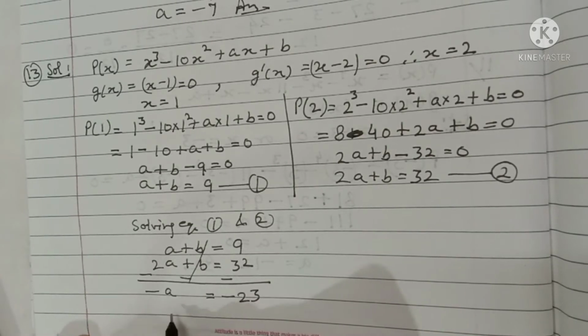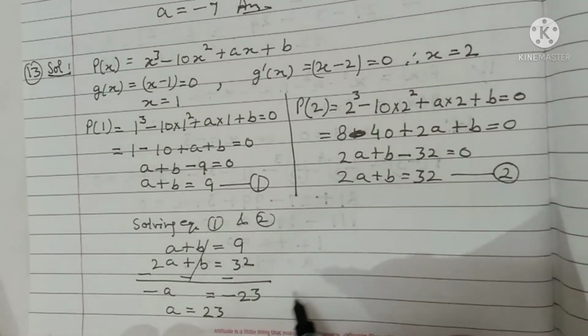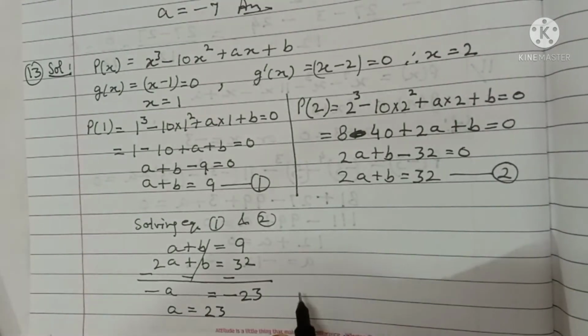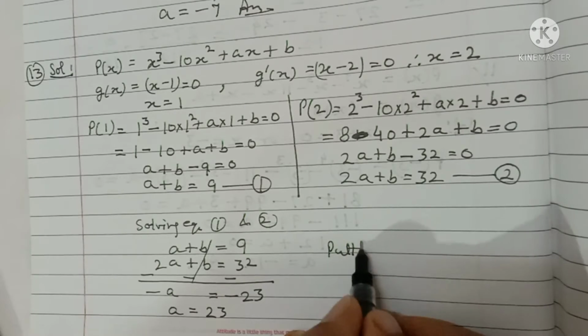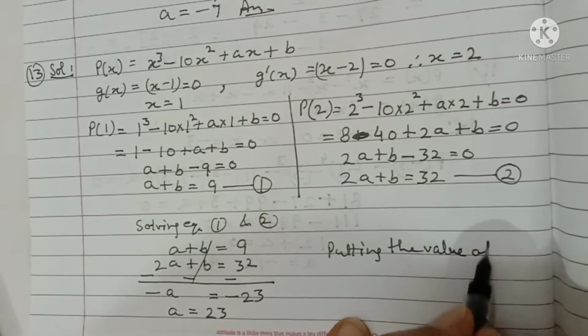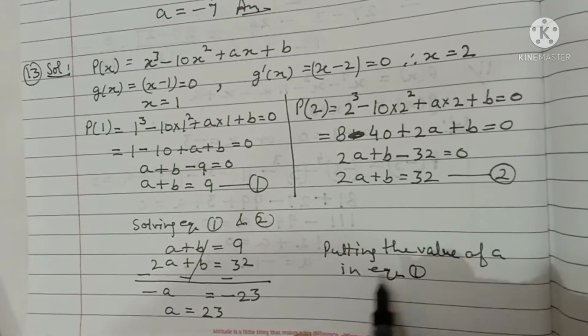So a is equal to 23. Minus and minus cancel out. Now substitute this value in equation first, putting the value of a in equation first.